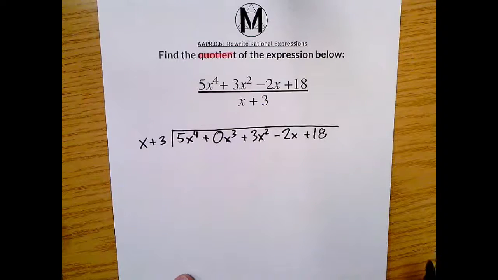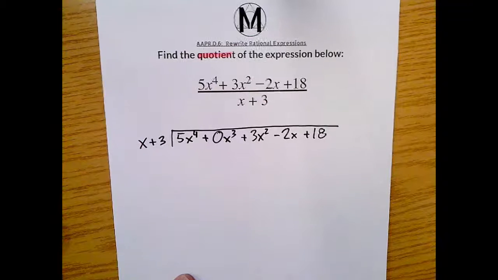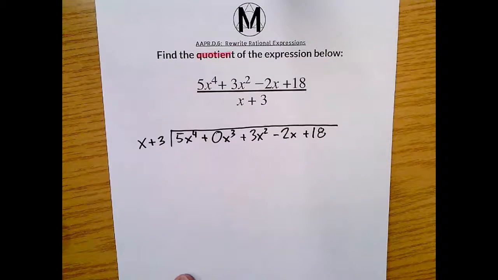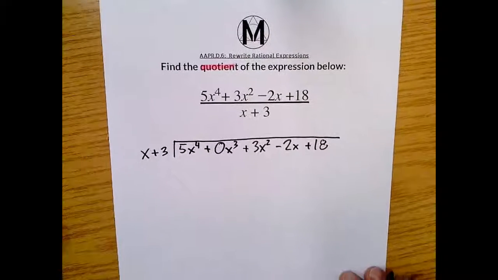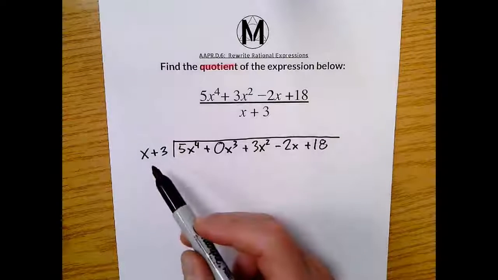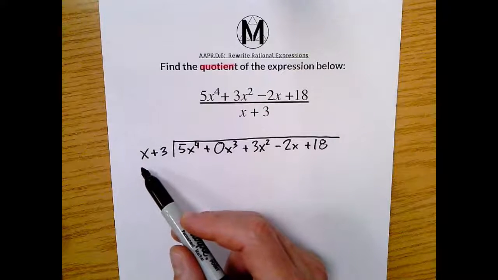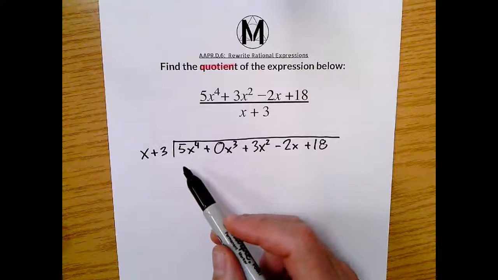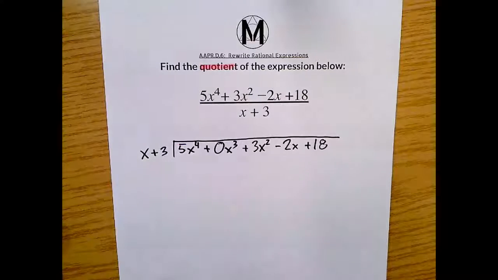So what we're using right here is called Polynomial Long Division or Long Polynomial Division. And to do this, what we start with is the highest degree out here in our divisor, and we go to the highest degree right here on our dividend. So the x goes to the 5x to the fourth power.